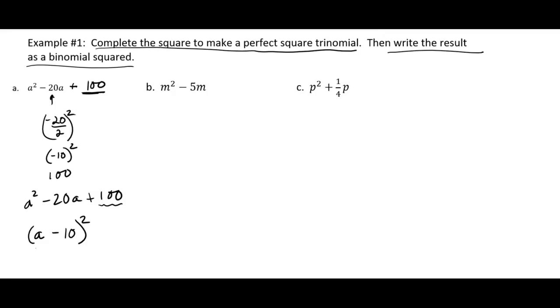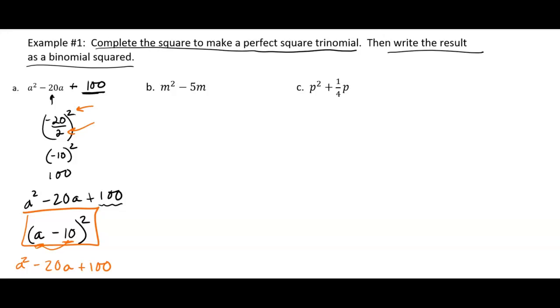You could say a squared, double that, so negative 20a, and then square this, and you get the 100. This is just checking it. So this is the answer they want when it says write the result as a binomial square. Okay, it's always the same 2 steps. Take half of it and square it. Okay? All right.